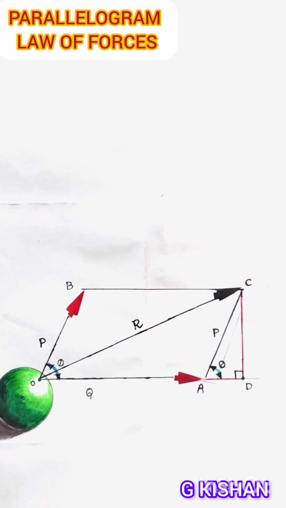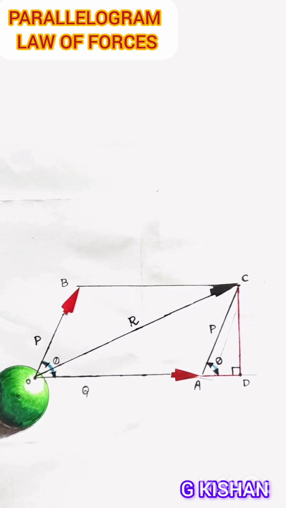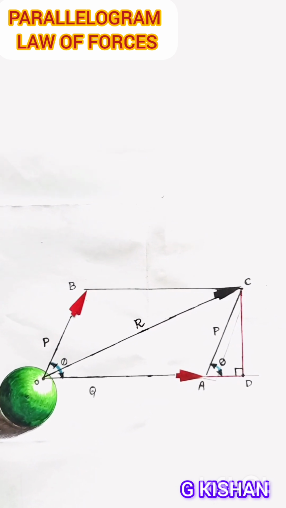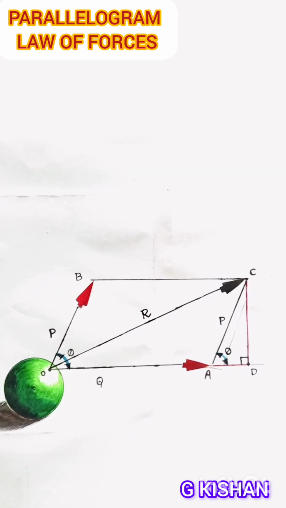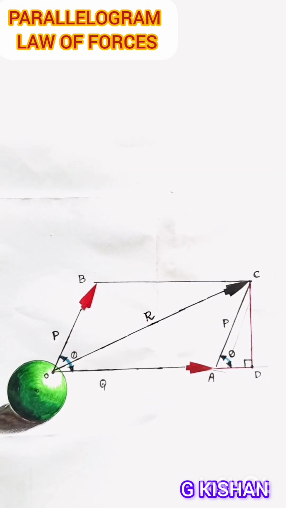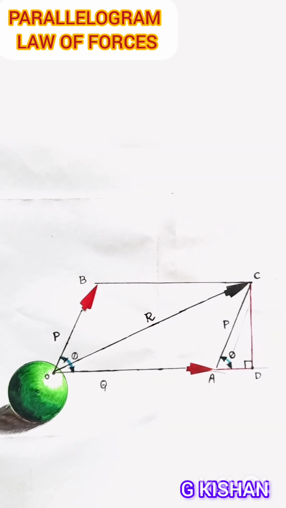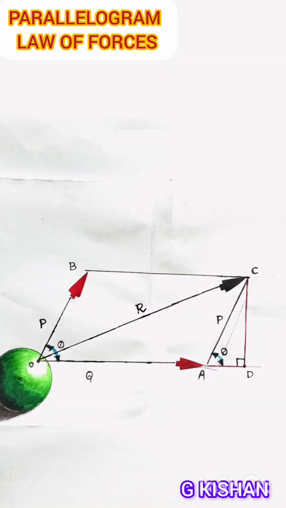By following the geometry, ODC indicates a right angled triangle. ADC also indicates a right angled triangle. By following right angle triangle ODC, we can apply the Pythagoras theorem: OC square equal to OD square plus DC square.